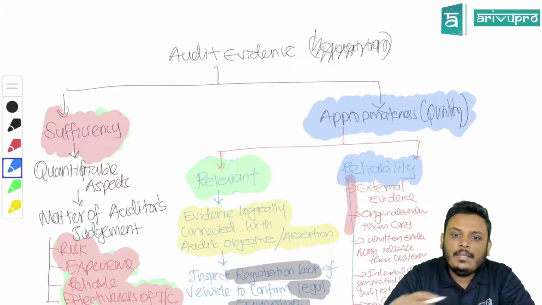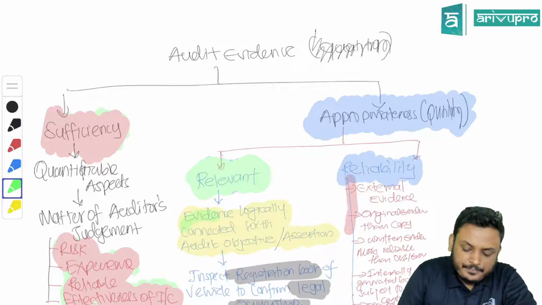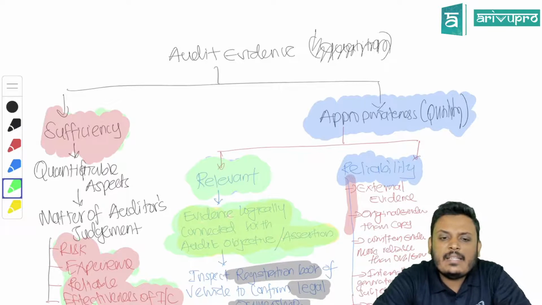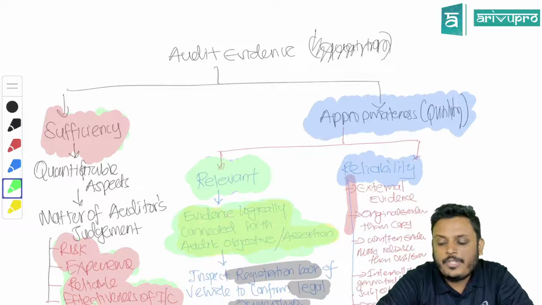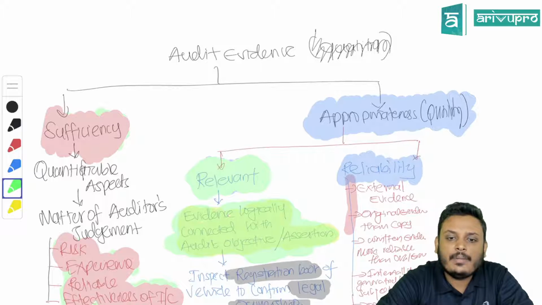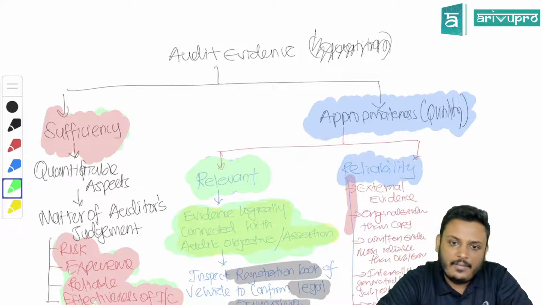The evidence needs to be logically connected with the audit objective or assertion. That is what is called relevant evidence.